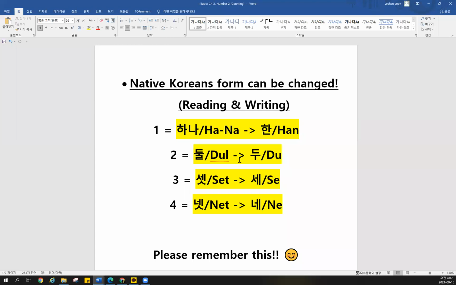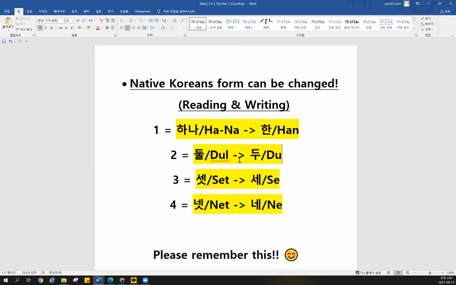For the number 1, you can say 하나 before, right? But if you want to add something for the counting, you change it to 한. How about the 2? The original pronunciation is 둘, but the changing form is 두.